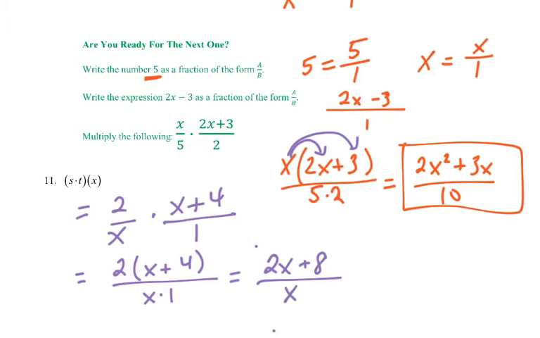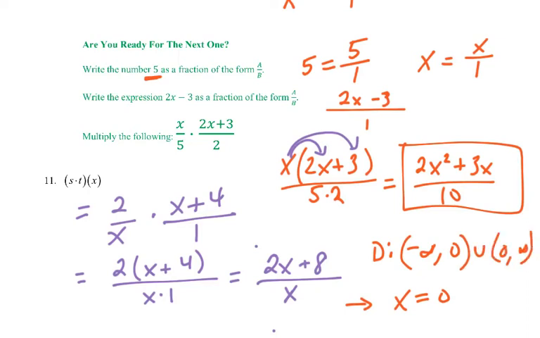Now, the x will not cancel because the 2x plus 8 is connected to the plus 8 by addition, so the terms cannot cancel. So essentially, I need to determine the domain by figuring out when is that denominator equal to 0. So I set the denominator equal to 0. X equals 0 is when the denominator is equal to 0. So the domain for this function here is from negative infinity to 0, unioned with 0 to infinity.